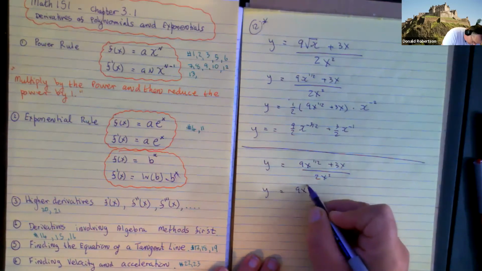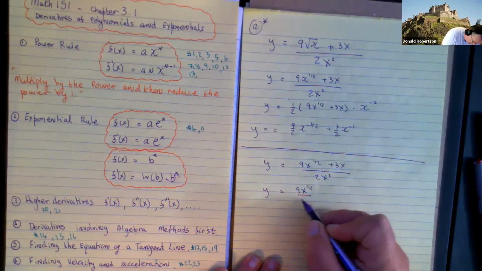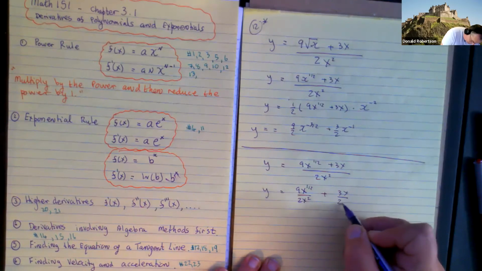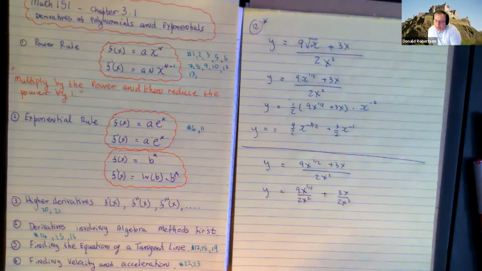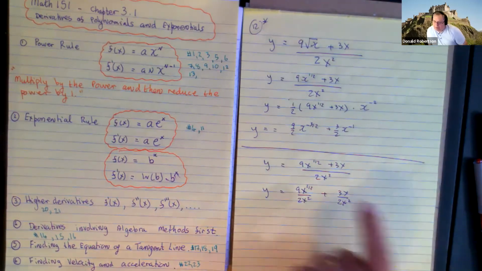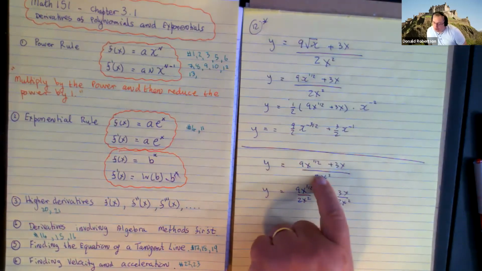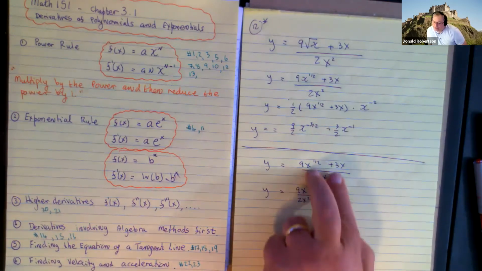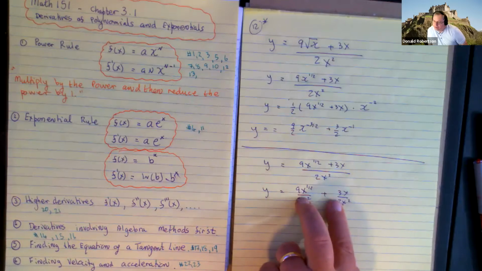I'm going to split it like that. If you've got 2 terms on the top and 1 on the bottom, you are allowed to separate them. Would you agree that if you add these 2, you get back to the original, right? So it is allowed.